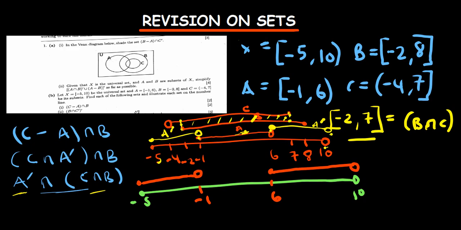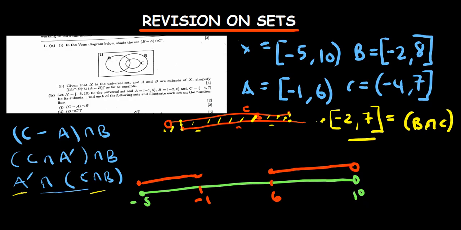So now I can plot my negative 2 comma 7. How do I do that? Just erase this top part here.